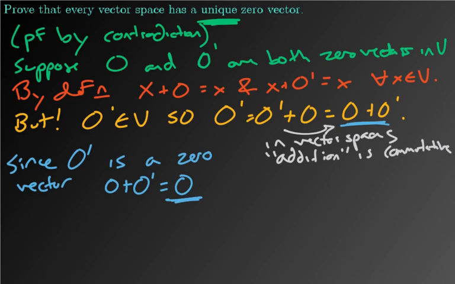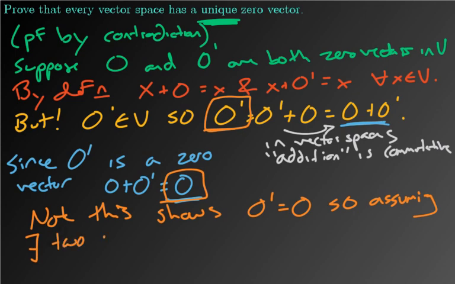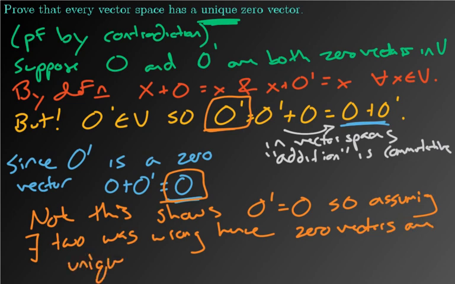But if you go back, the important part is right here, and then now over here, note this shows 0 prime equals 0. So, assuming there exist 2 was wrong, and hence 0 vectors are unique for all vector spaces V, something like that.